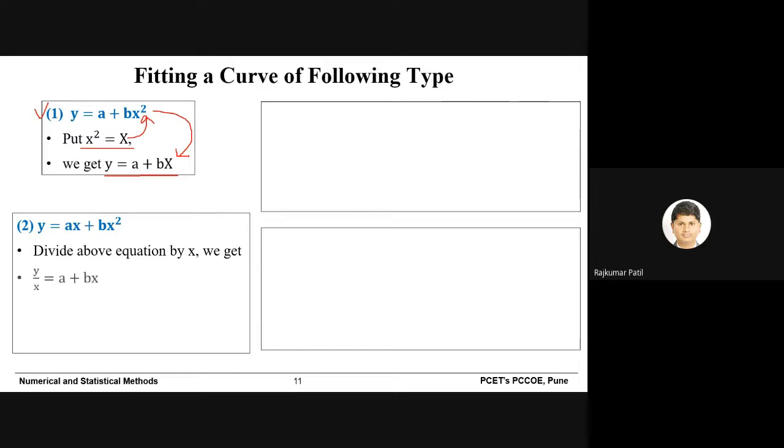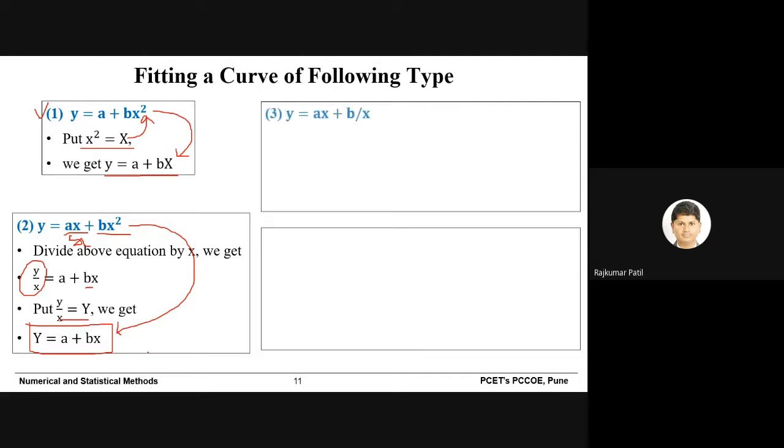When you do that, you will get the equation y divided by x is equal to a plus bx, because when you divide this term by x, it becomes a, and if you divide this term by x, it becomes bx. Now in this equation, if we put y by x is equal to capital Y, then you can see capital Y is equal to a plus bx. So this is how we can convert the given equation into a straight line equation.